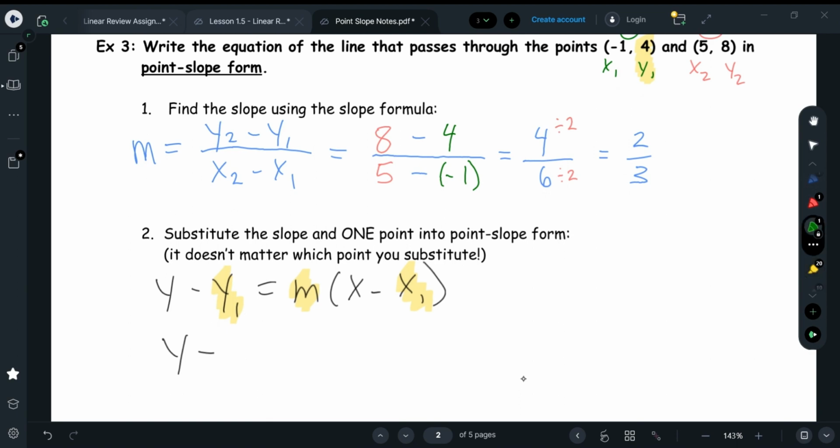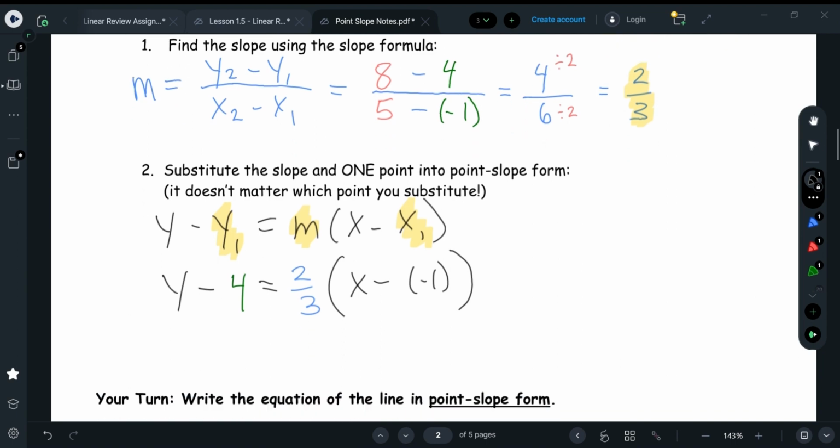Y minus 4 is equal to, m is the slope. That's what we calculated right here, 2 over 3, parentheses x minus x1, and our x1 value from up here is a -1. So again, here we're subtracting a negative, so I'll put that -1 in parentheses and then close parentheses.